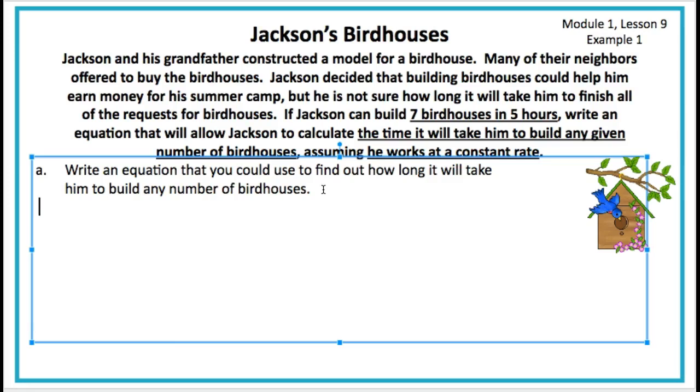So we have 2 variables we're looking at in this equation. One, we have B, which will represent the number of birdhouses, and H will equal the number of hours.